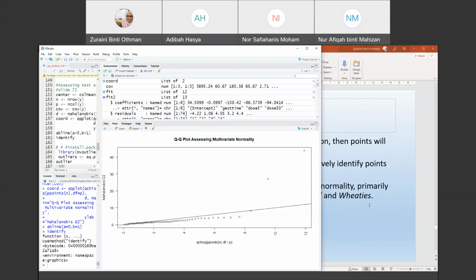Okay, one point will fall on the line. So this follows a multivariate normal distribution.